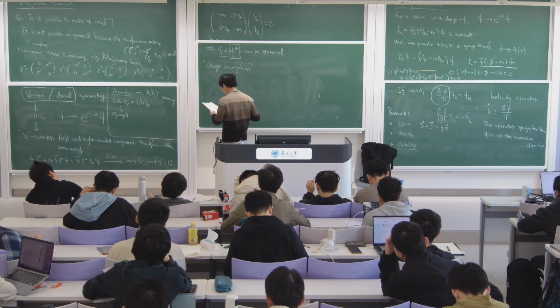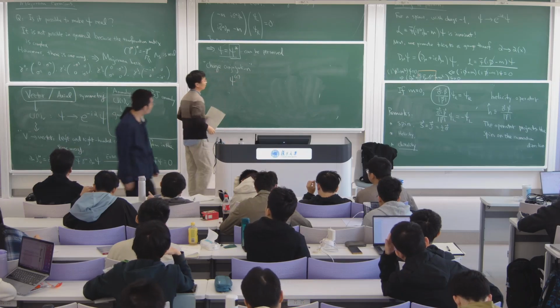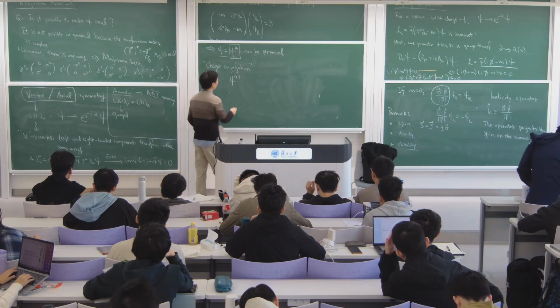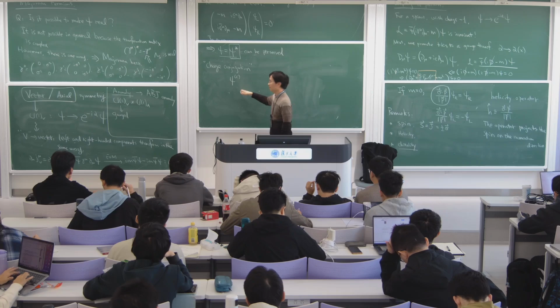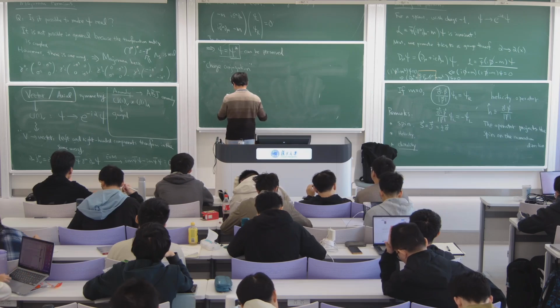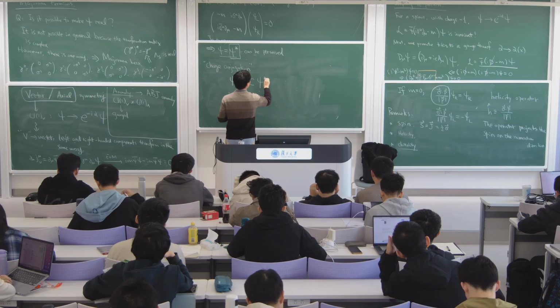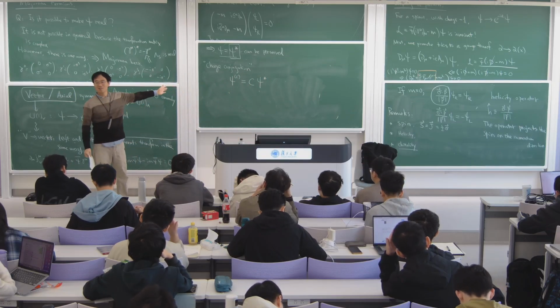What do I mean by that? For a given fermion, let's say the four-spinor case, one can define a charge conjugation, which I denote as psi C equals some C matrix times psi star. Why do we do this funny thing? The reason is obvious.